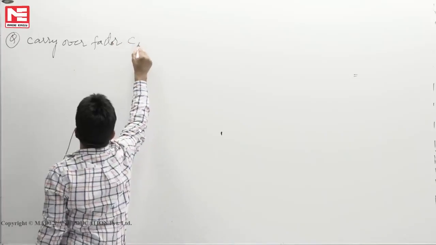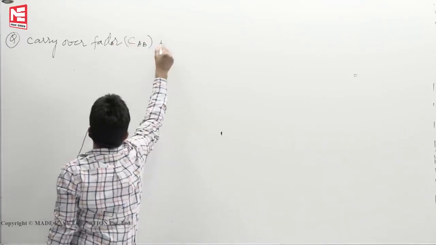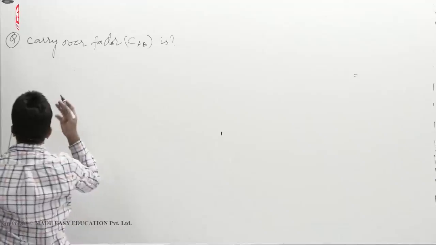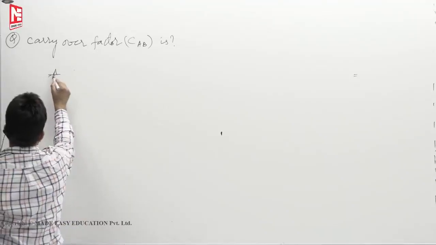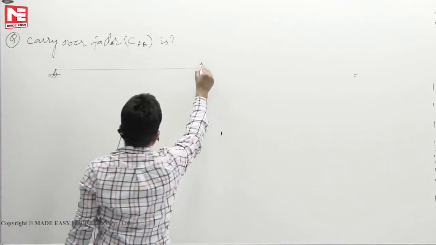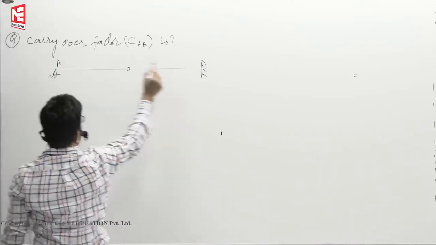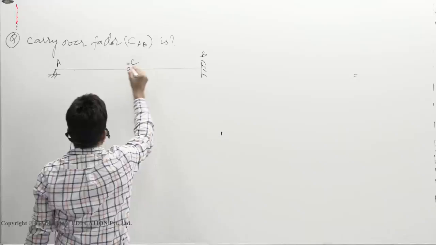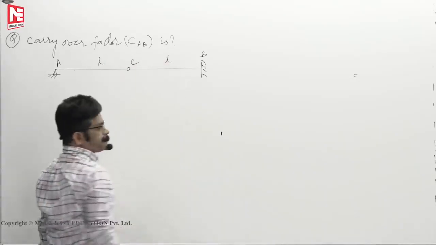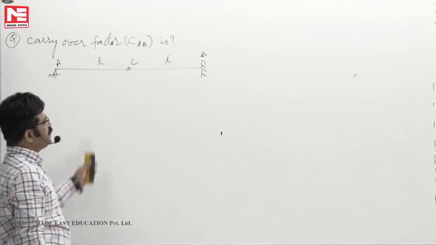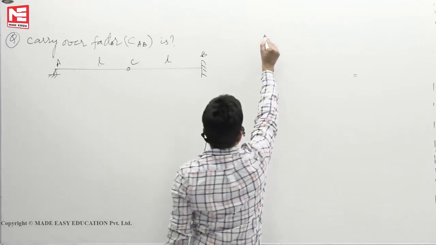Carryover factor CAB is... this is a problem. Let us say this point A, B, C, length is L and L. CAB means this one.